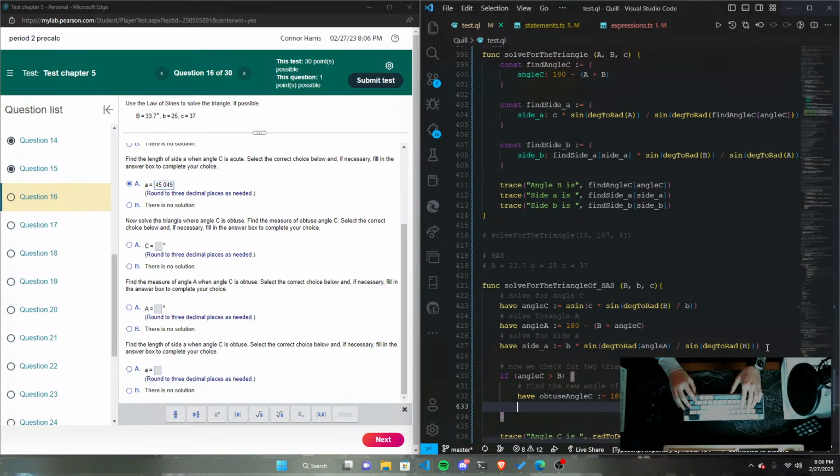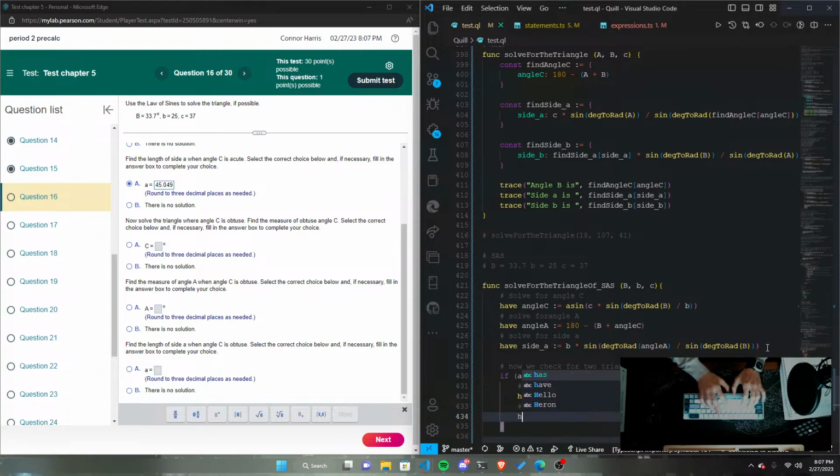Then we need to also find the new value for angle A. Let me check my notes, make sure I'm thinking of this correctly. Yeah, okay. Hashtag: find the new angle for A.